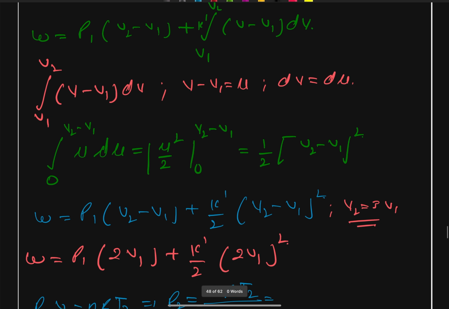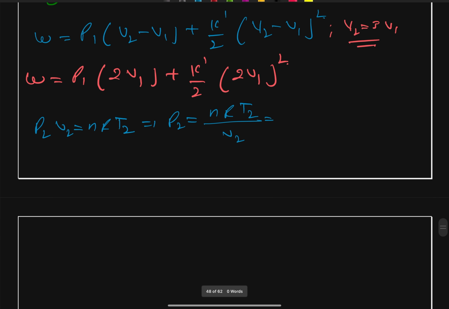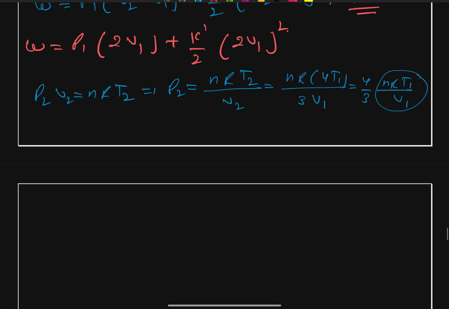T2 is given as 4 times T1, so this comes as NR 4 times T1, and V2 is given as 3 times V1. So we get this as 4 by 3 times NR T1 upon V1, and this entire thing is equal to P1. So we get P2 is equal to 4 by 3 times P1.